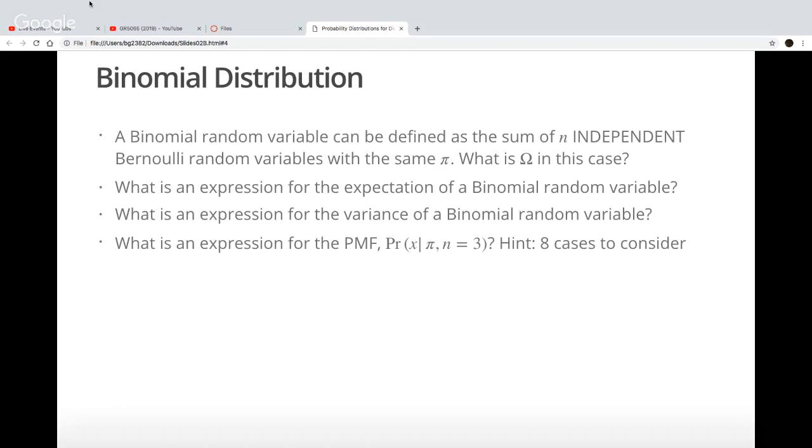So now we get the question, what is an expression for the probability mass function, probability of x given pi, if n is 3, to make it a little bit easier on you? And to make it even easier on you, there is a hint that there are 8 cases which you need to consider.